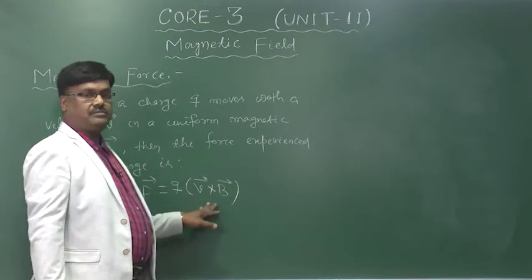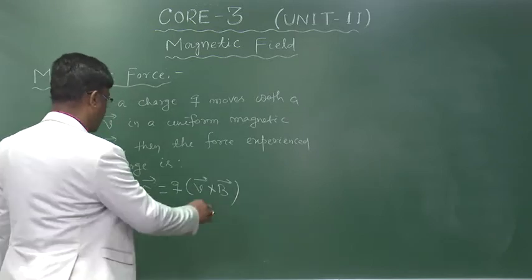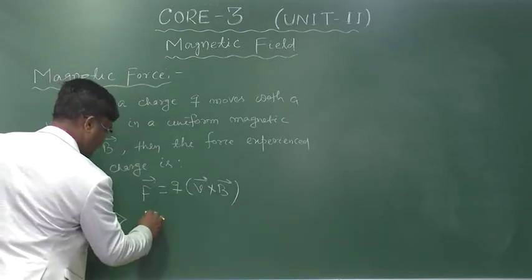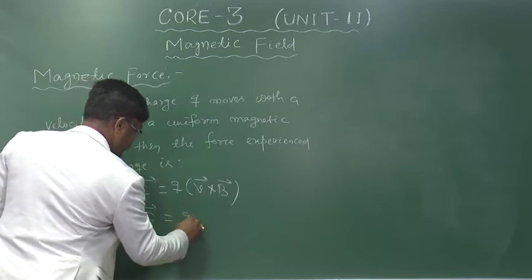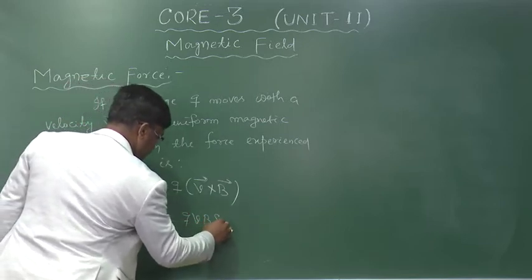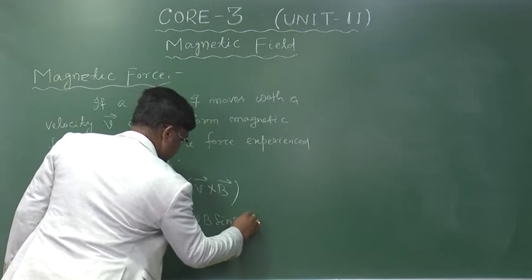As we know, V cross B is equal to VB sin theta n cap. So, we can write this as F vector equal to Q VB sin theta n cap.